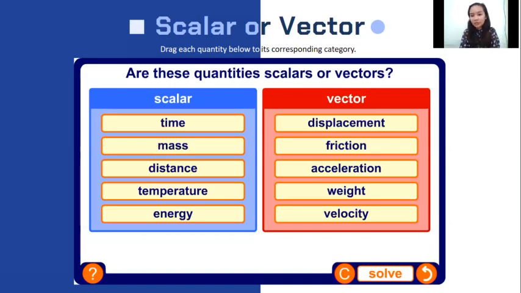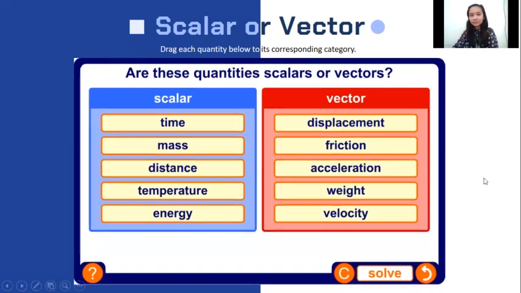And then the vector naman, we have here displacement, friction, acceleration, weight, and velocity. So in this case, yung mga nakalagay dito sa vectors, these are quantities that need direction. Okay? Para mas ma-interpret siya ng maayos. So kailangan meron siya direction.